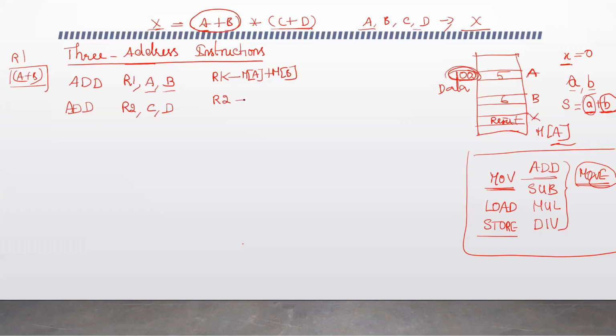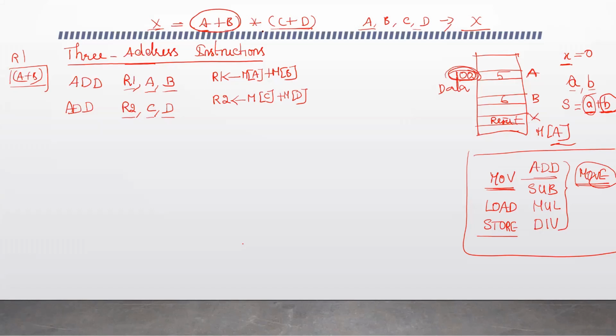So R2 is memory at location C plus memory at location D. How many address fields are there in these instructions? There are 3 address fields. The first instruction has register R1, memory location A and memory location B. And the second instruction has register R2, memory location C and memory location D.